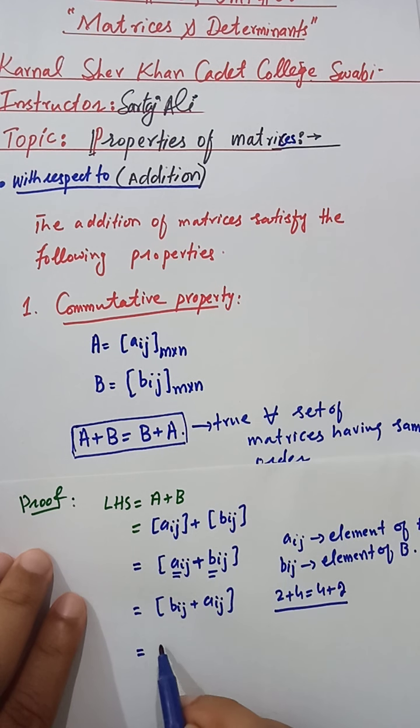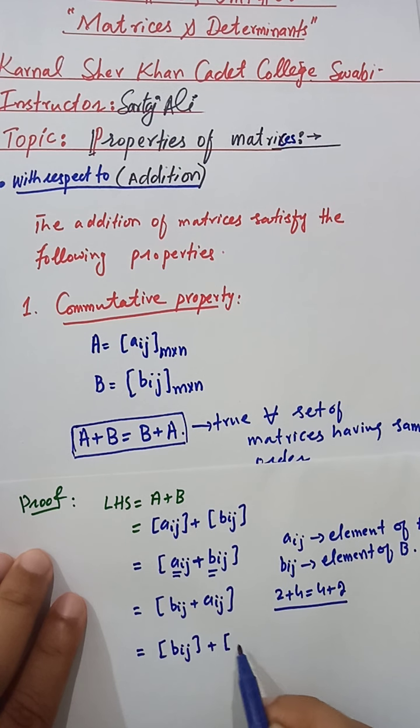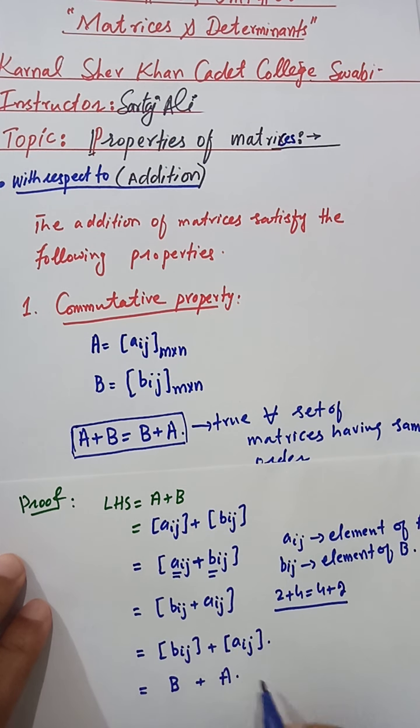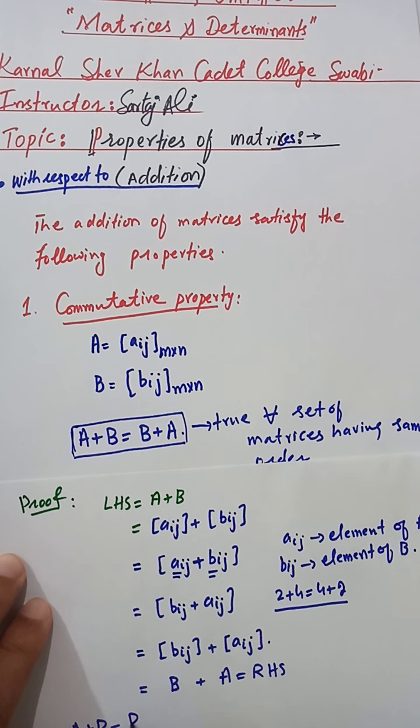Now split this: it will be written as Bij in a separate matrix and Aij in a separate matrix, and this is equal to B and this is equal to A. So you clearly see that this is the right hand side of this property. So you see that A plus B is equal to B plus A.